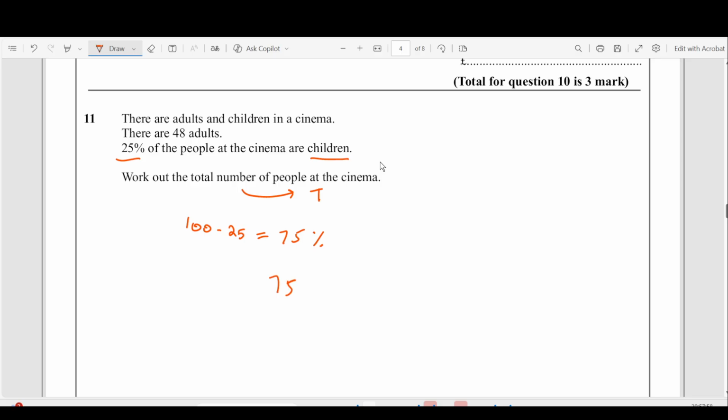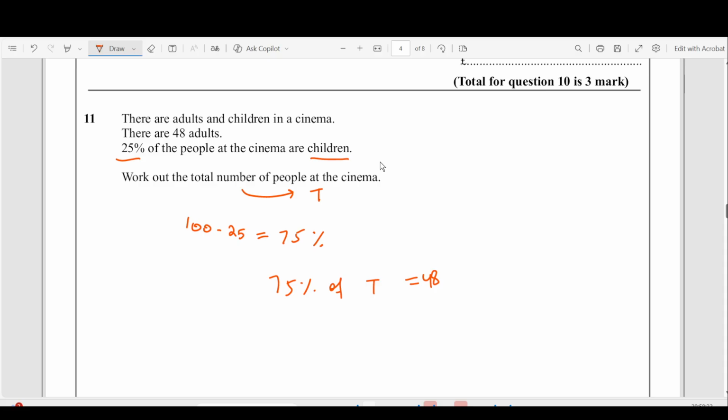So 75% of total people is basically 48, because 48 is adults, right? And 75% are adults. So 75% of the total is 48. This is what it means, right?